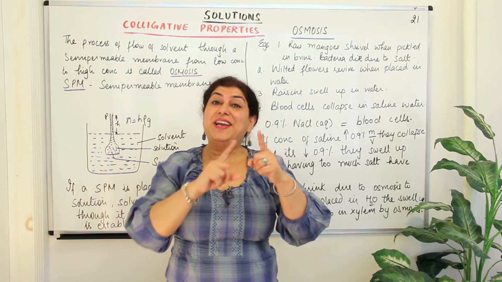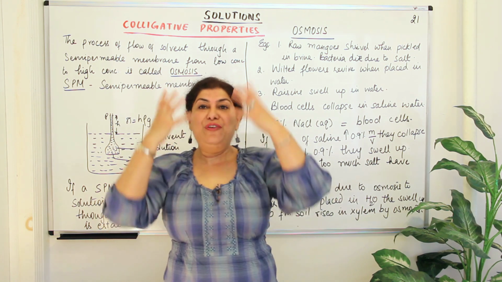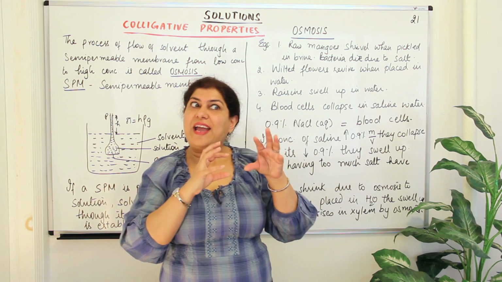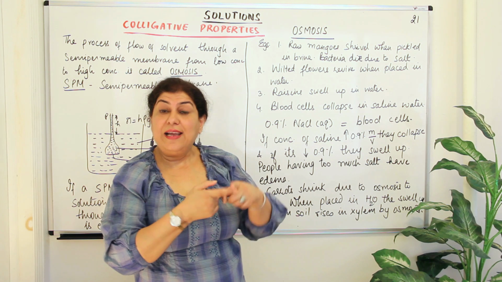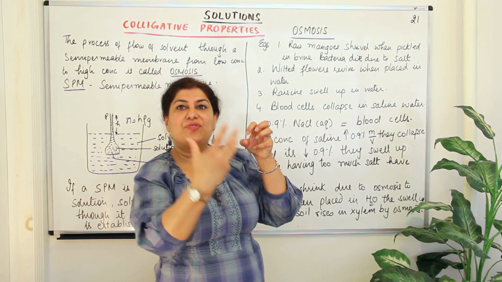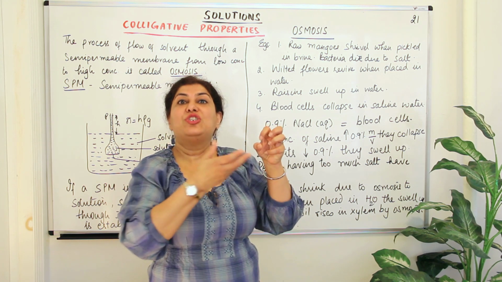Now, every cell is covered by a semi-permeable membrane, and the fluids in the body that are moving around, their concentration and the concentration of the cell become different. The concentration of the cell increases and the concentration outside is less, and therefore the solvent starts moving into the cell.